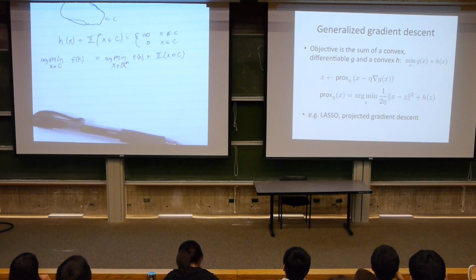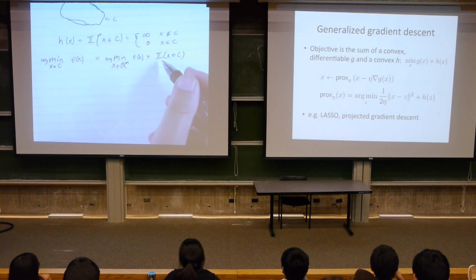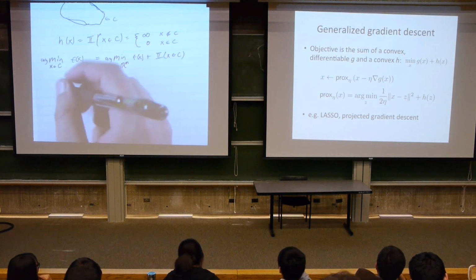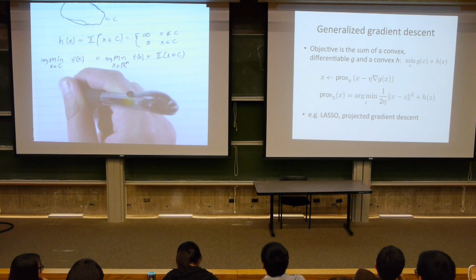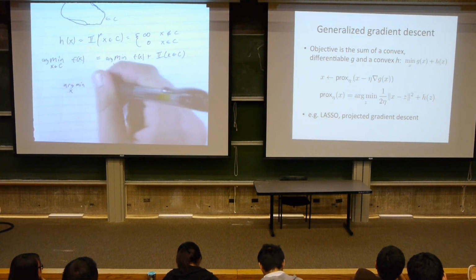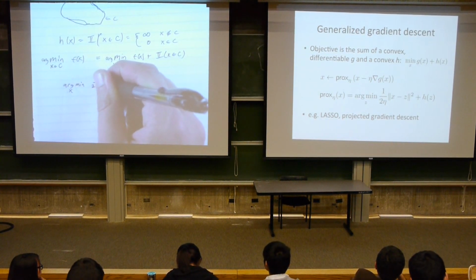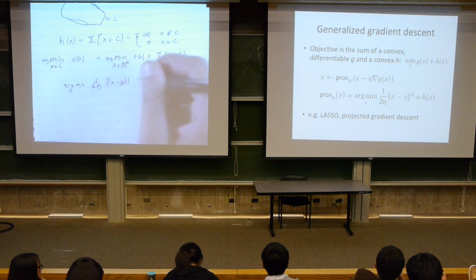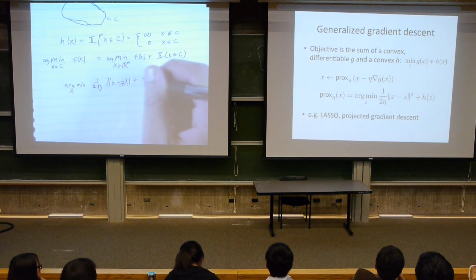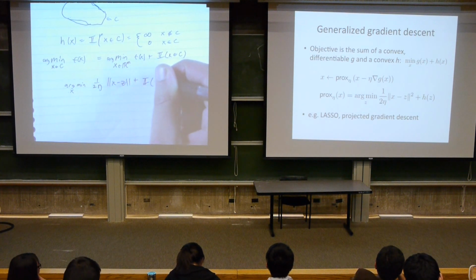Okay. So the prox function for this indicator thing is this, right?